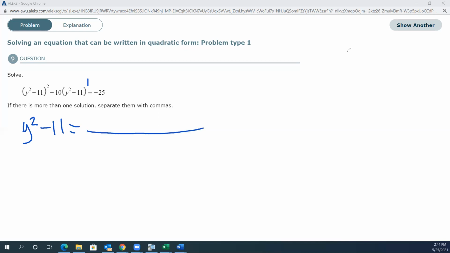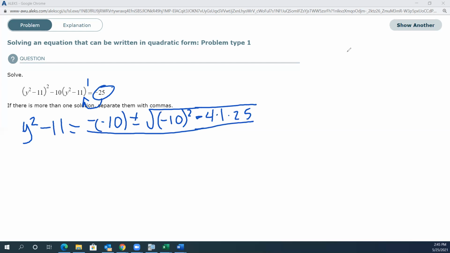And then you do your negative b plus or minus the square root of b squared minus 4a. Oh, and this guy, we need to add 25 to both sides, get everything on one side. Sorry about that. That'll give us a positive 25 on the left side, over 2 times a.